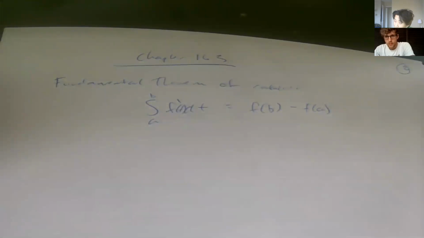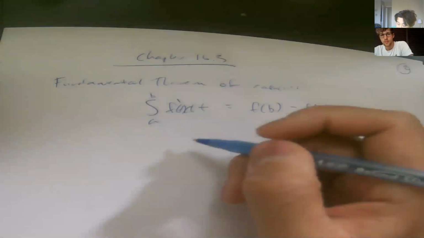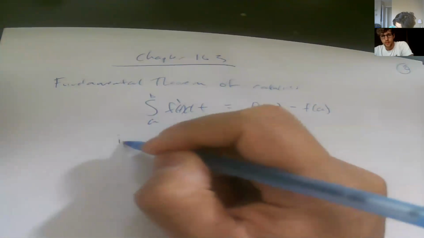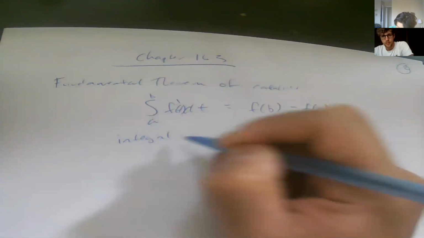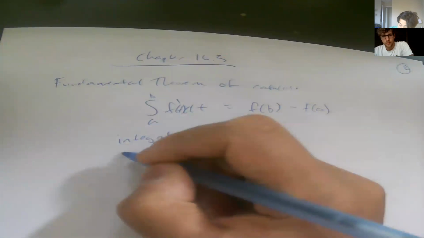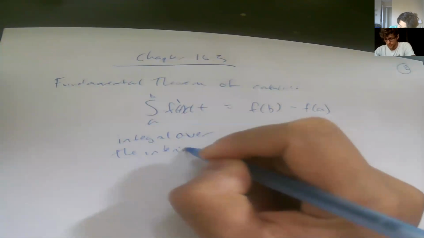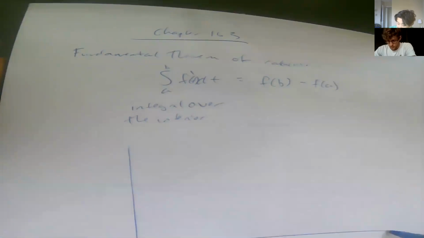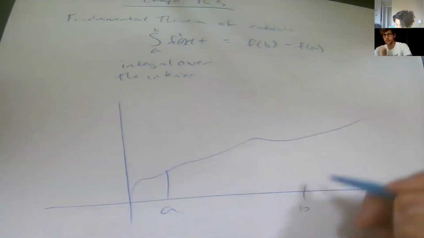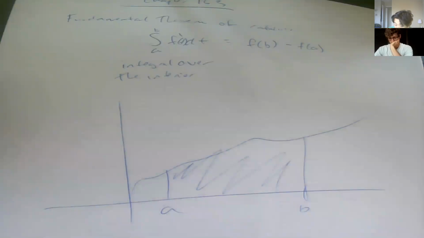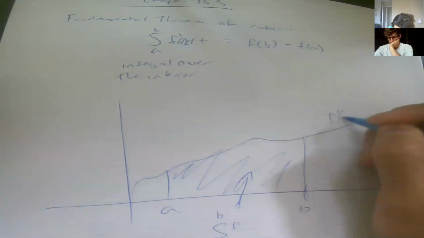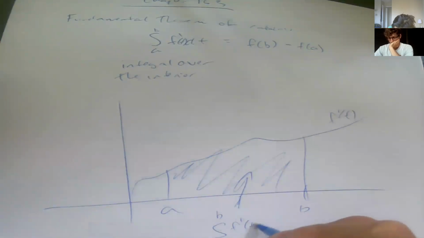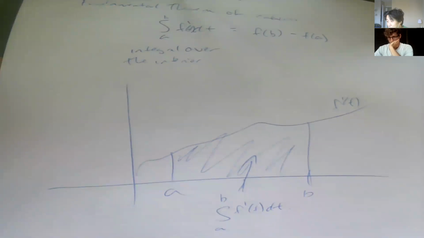But what does this say? This says that I can take an integral over the interior. So I've got some picture. This is A, this is B. This quantity right here, this is the integral from A to B of f prime of t dt. That's what this number means.